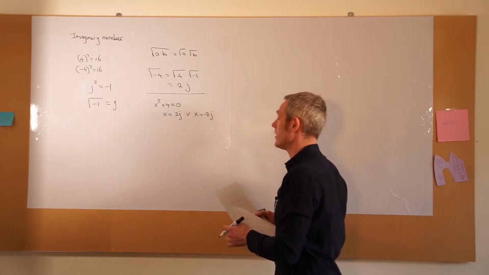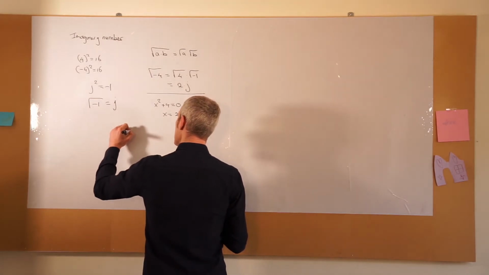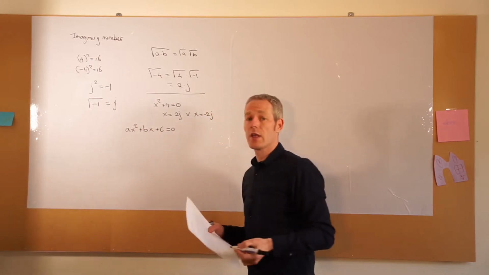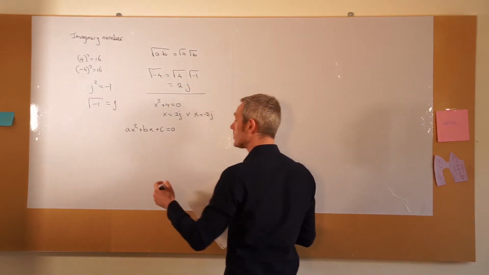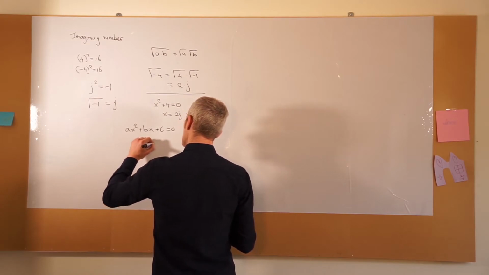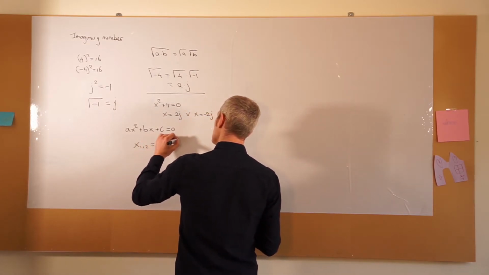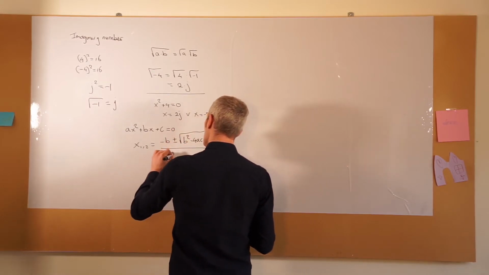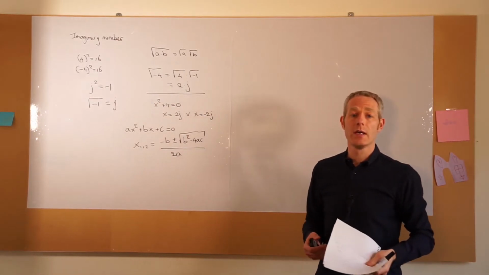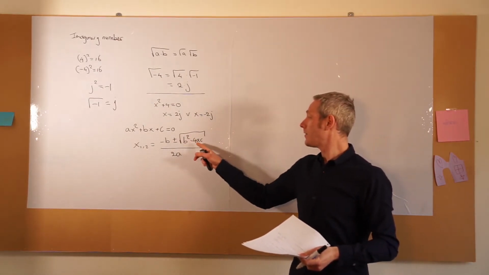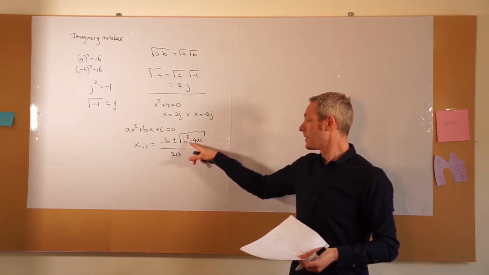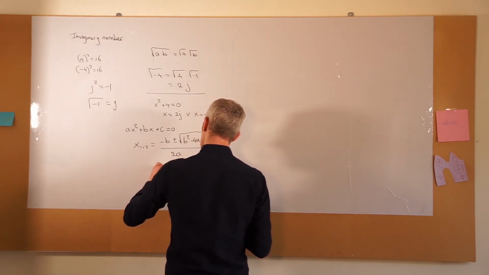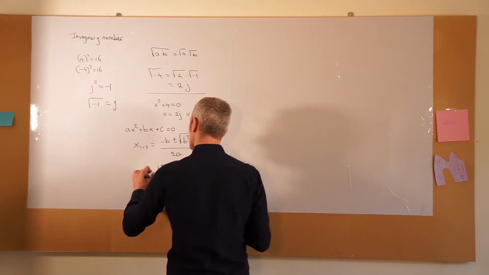In fact, we can show that if we have x squared plus bx plus c equal to 0, we would typically use the ABC formula to solve this, and we have x1 and x2 is minus b plus or minus the square root of b squared minus 4ac divided by 2a. Now we had 3 conditions that pertain to b squared minus 4ac, and this was also called the discriminant.